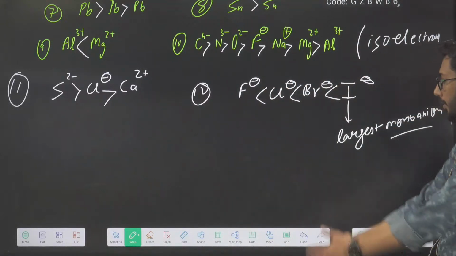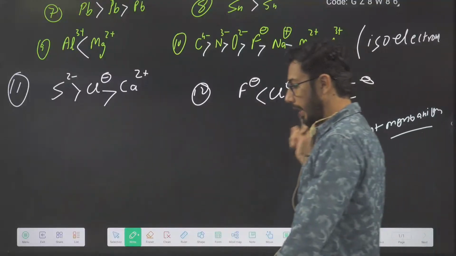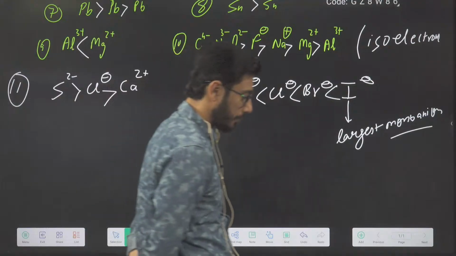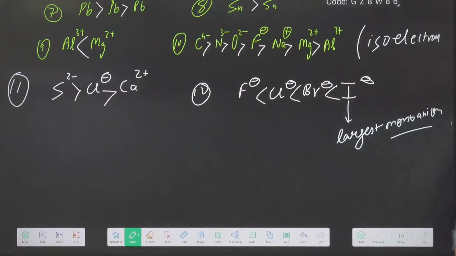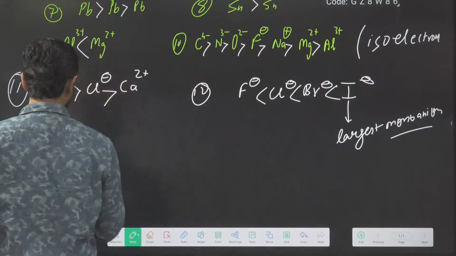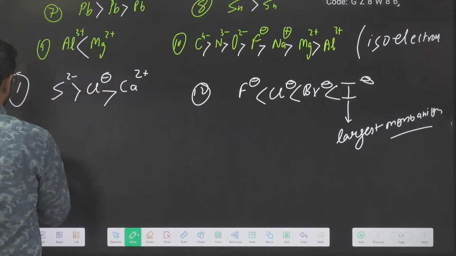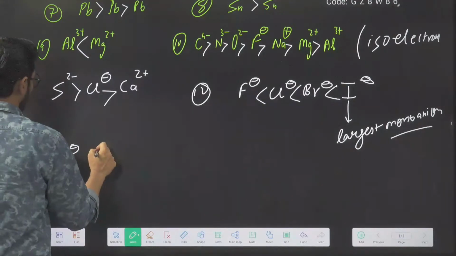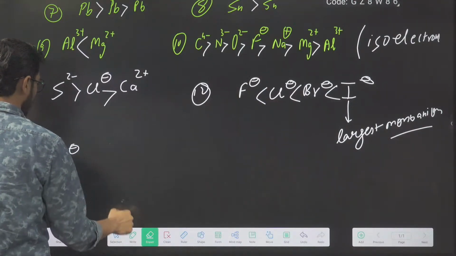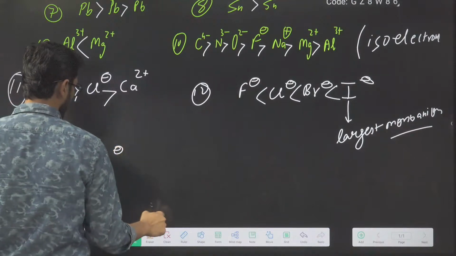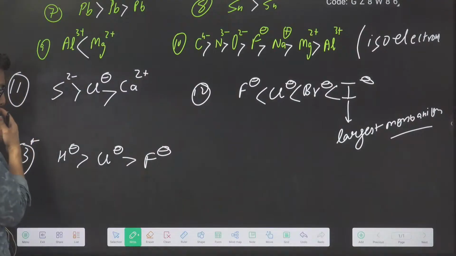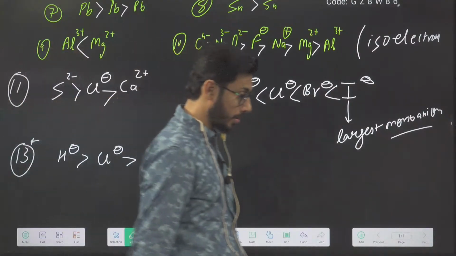In the periodic table, the monoanion having the largest ionic radius is I minus. This example is only for material. NCERT is not discussing such an example.